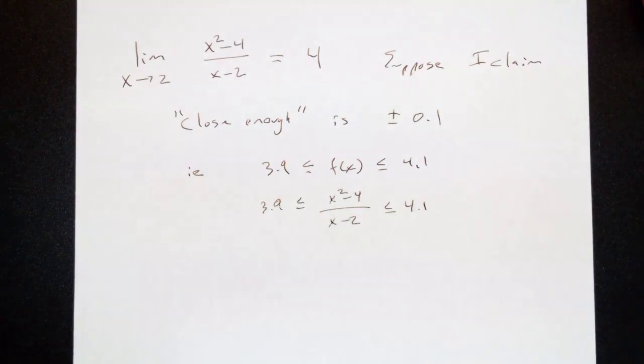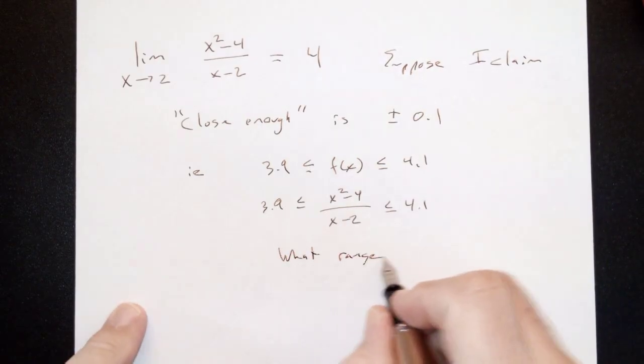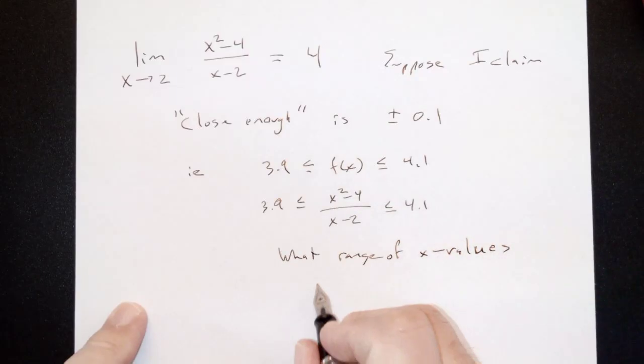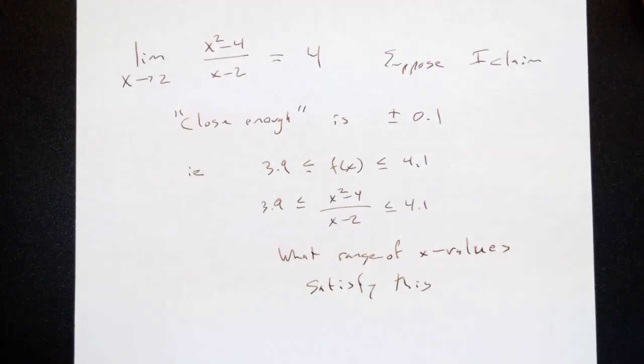So what I want to do now is, in response to this, say what you need to do is figure out what x's will make this true. Because then you can tell me how close I have to get to 2.